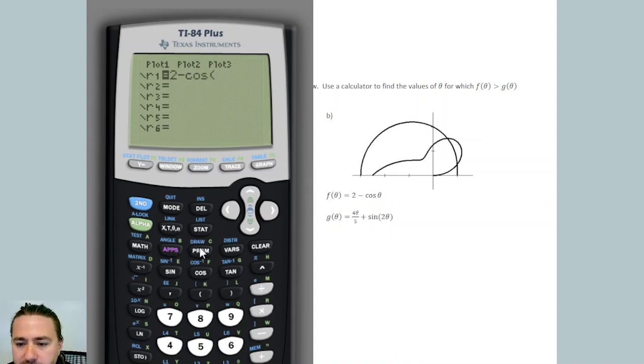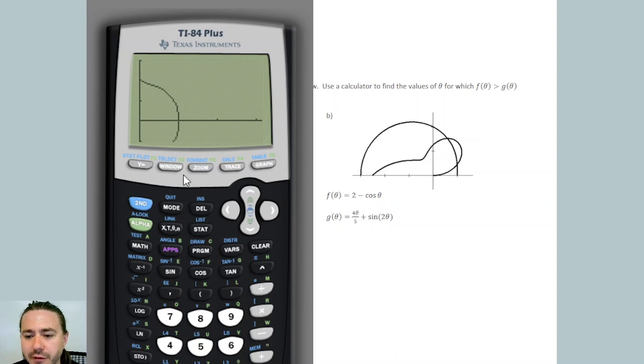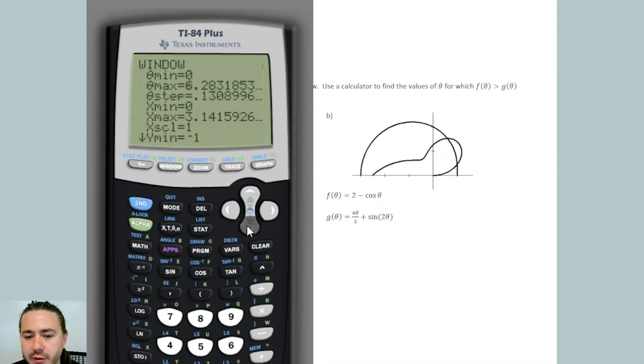So I guess the question is, is this going to be a circle, like that top half of the circle, or is it going to be that peanut looking graph? Let's see. I'm going to have to change my window here. So it looks like this one goes from -1 to 3, so -3 to 1.